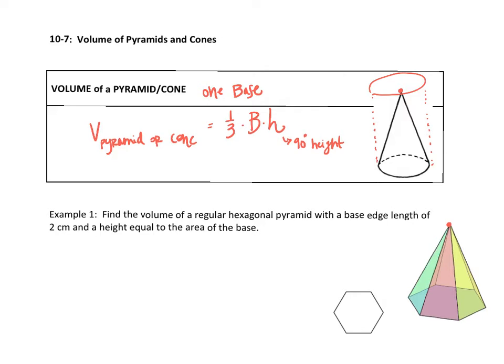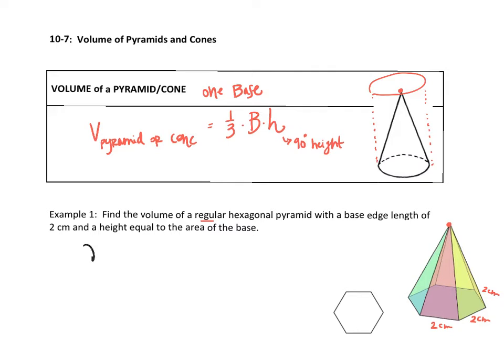So let's look at example 1. We're finding the volume of a regular hexagonal pyramid with a base edge of 2 centimeters. So all of these sides are going to be 2 centimeters since it's regular. So how do I find the volume of a pyramid?